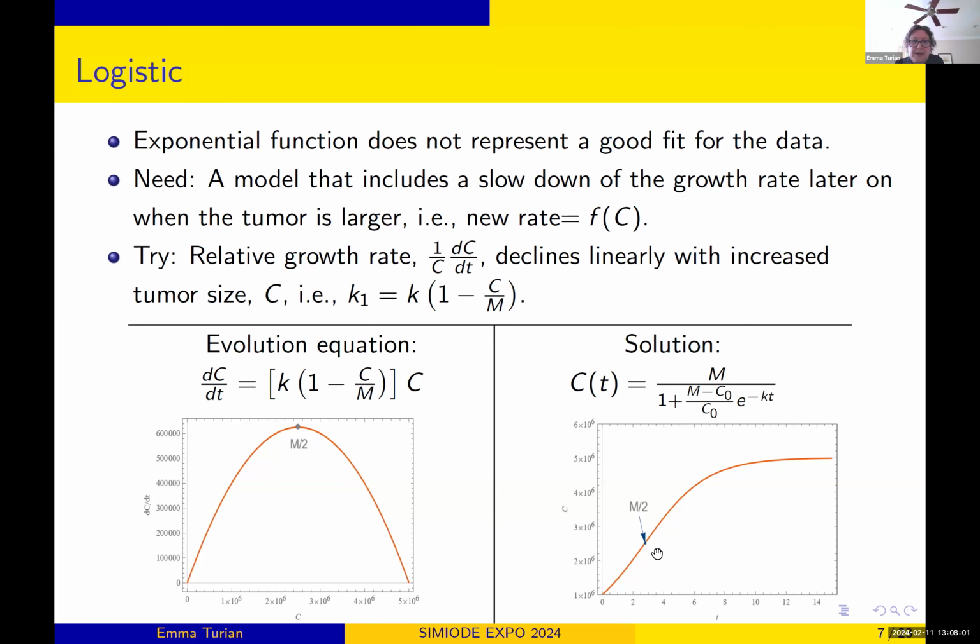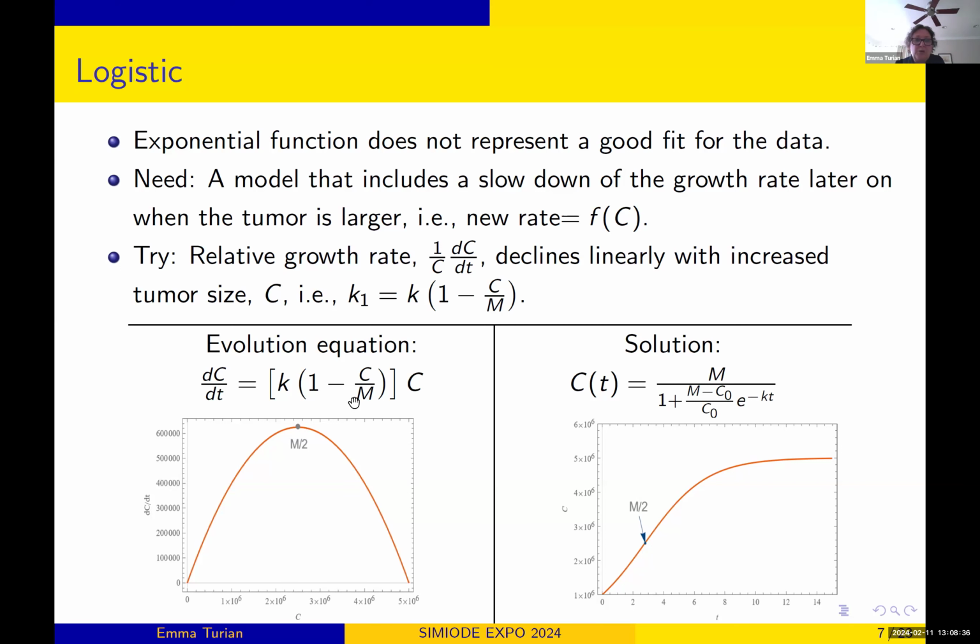However, the logistic growth has an inflection point at m/2. So I'm using m for the carrying capacity. At m/2, there is an inflection point, and compared to the other functions, such as Gompertz, for instance, the logistic bends quite a bit around the inflection point, which makes it impractical for doing data fitting because it's very unlikely that the data bends exactly the same way as the logistic function.